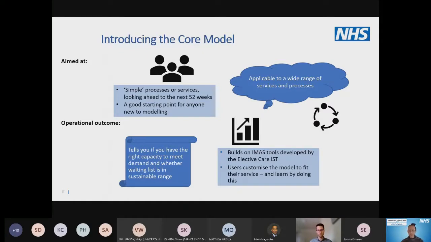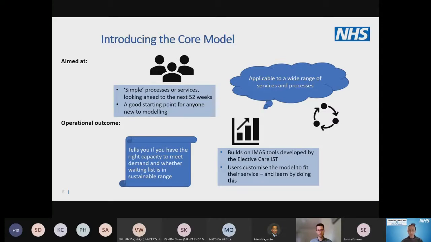The idea is that you can customize the core model, and through exploring the different options, you can gain a bit of insight into your own service, as well as make the model fit for modeling your service itself. In terms of what it does, it tells you if you have the right capacity to meet your incoming demand and whether or not you can expect your waiting list to rise or fall over time.